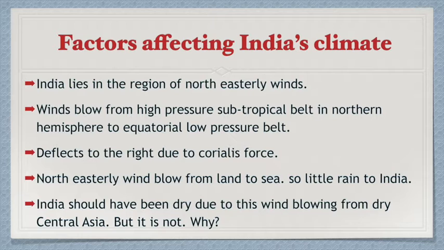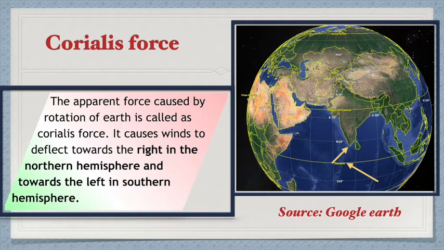But India receives rainfall over the monsoon period. How does it happen? Let us see why. First, we have to understand what is Coriolis force. Coriolis force is the apparent force caused by the rotation of Earth. We know Earth revolves around its axis, as well as revolves around the Sun in an elliptical path.